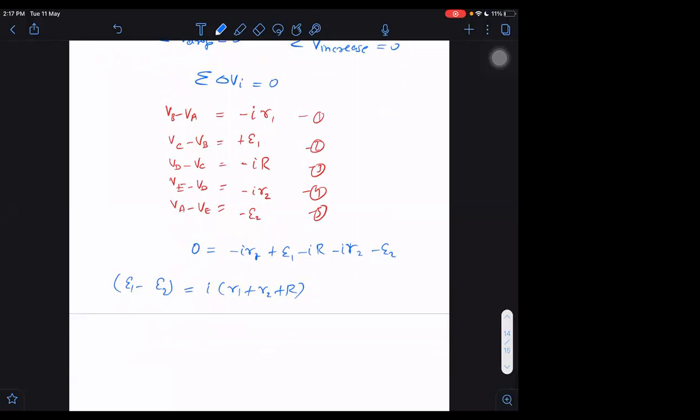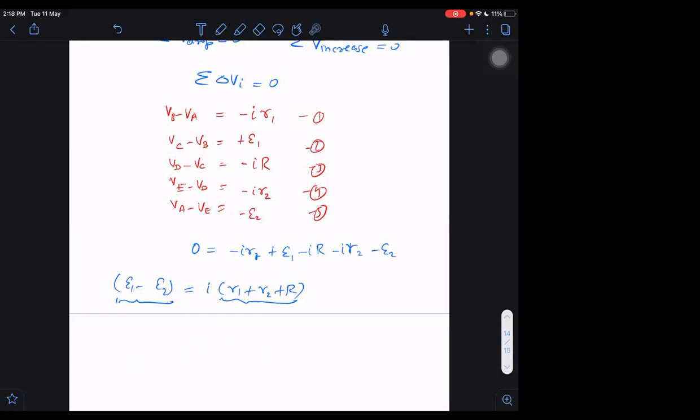Indirectly, I am telling you two things. I am telling you the series formula for batteries. If there are different batteries, E1, E2, etc., then the series formula will be sigma Ei will be the net EMF, but E will be taken with proper sign. The batteries which are supporting the current will be positive, and the ones which are opposing will be taken with negative sign. And what about resistances?